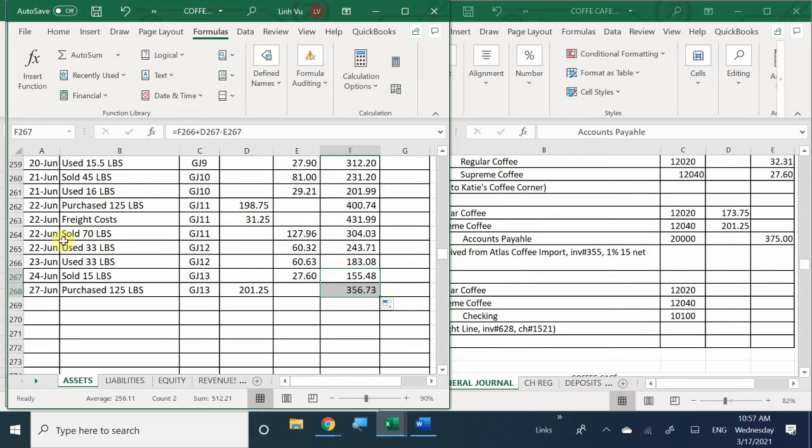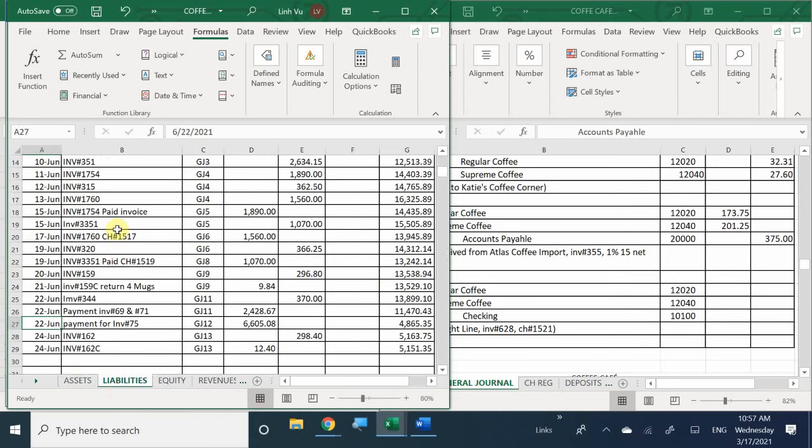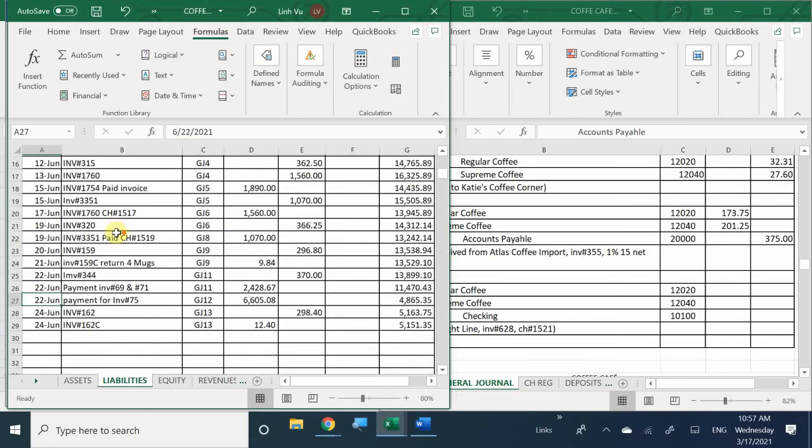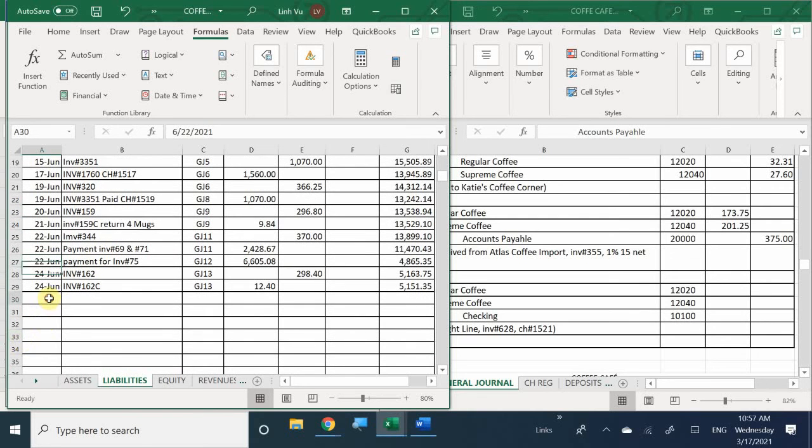Oh, and accounts payable. We increased our amount that we owe by $375.